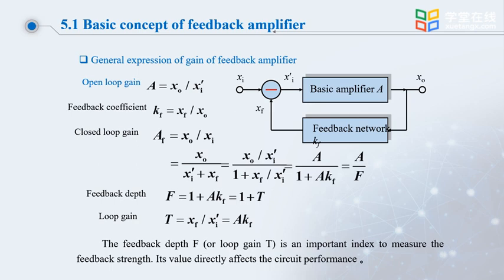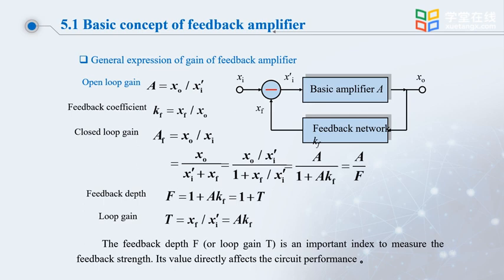Just now we said T equals XF over Xi', which is also equal to the open loop gain multiplied by the feedback factor of the feedback network. So it is the output XF over the net input Xi' of the entire loop. So T is called the loop gain.